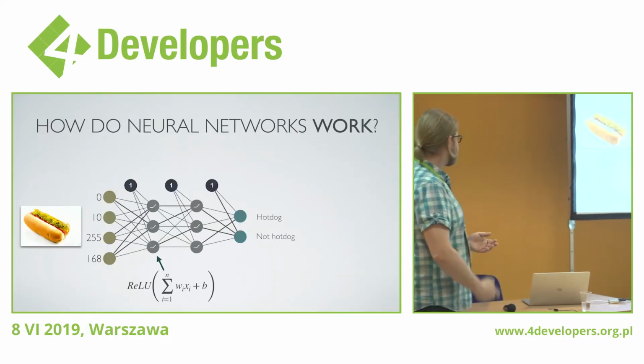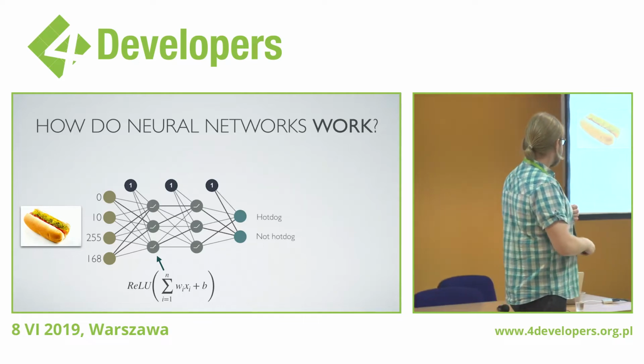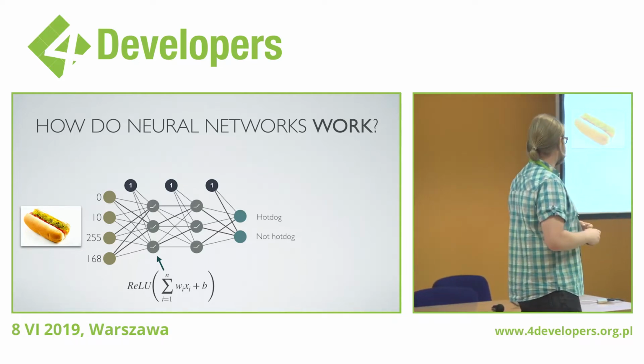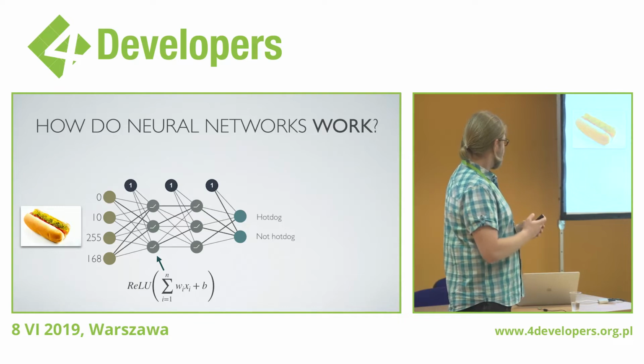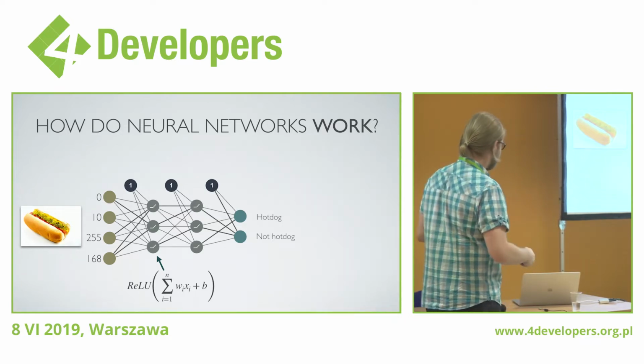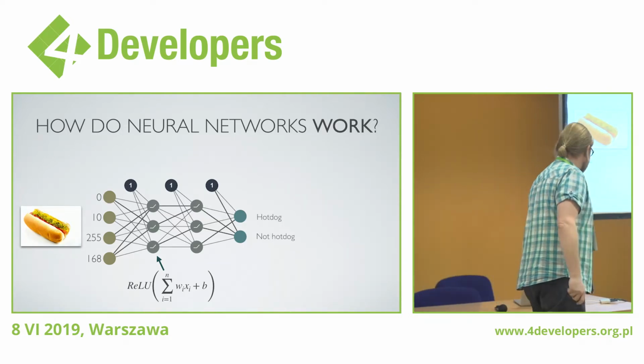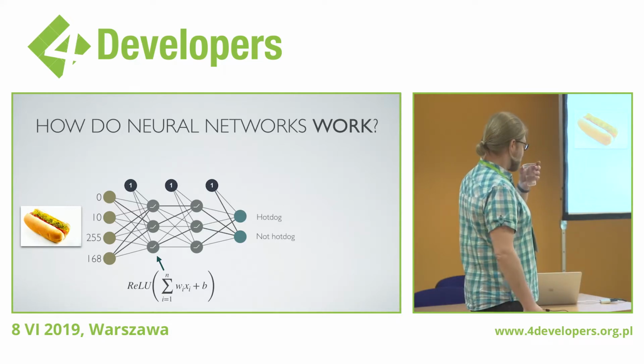So we have to apply an activation function to this sum of the weighted inputs and the bias, and that's the value for this particular unit in the next layer.